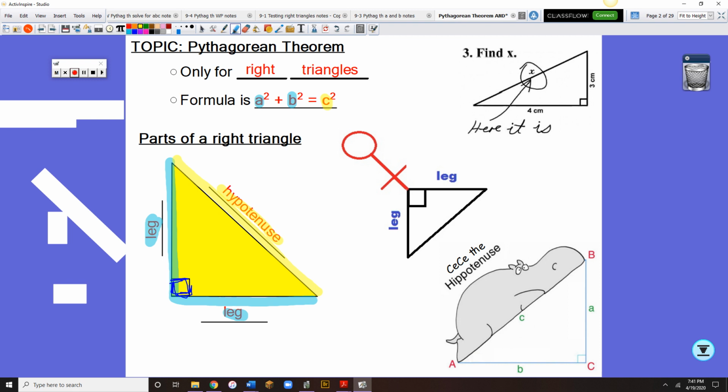Here are some fun ways to remember it. If you think about the triangle as being like the legs of a stick figure, the legs are the stick man's legs, and then the ground would be the hypotenuse. Find x. This is a funny meme that I found a number of years ago.